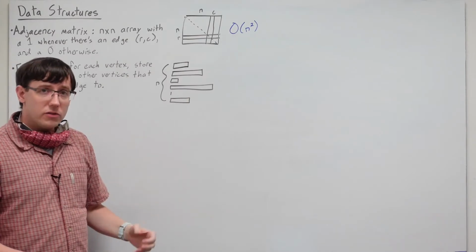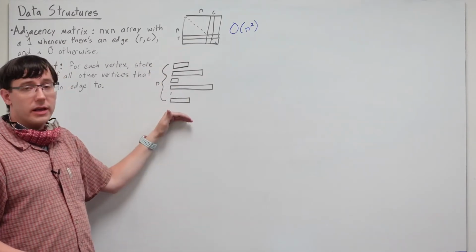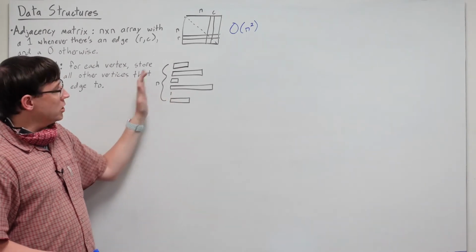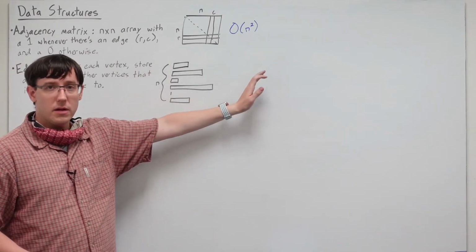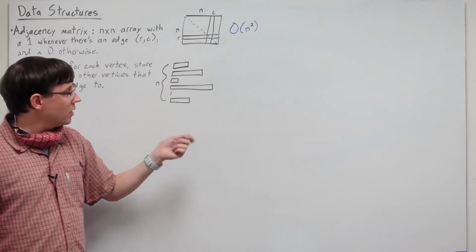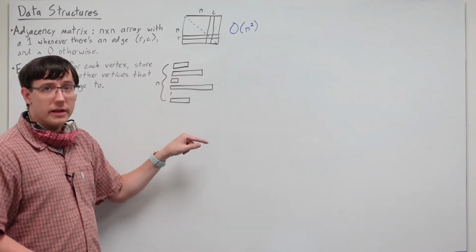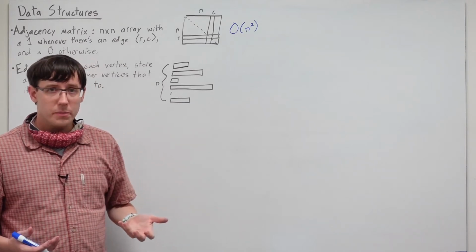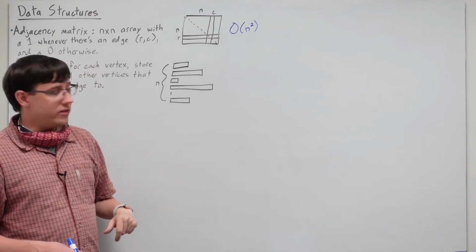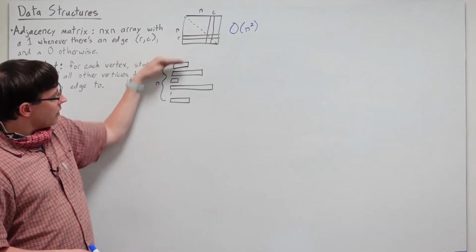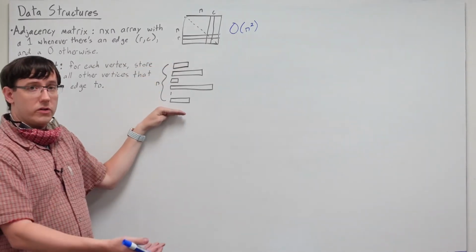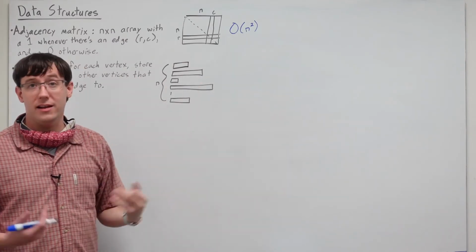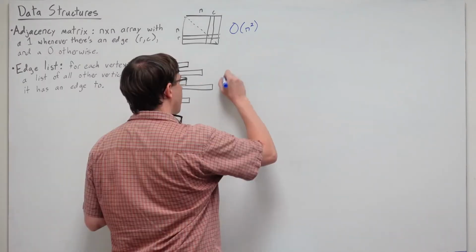For the edge list, we have n different lists, but some of those lists might be much shorter than length n, and so actually the total number of elements in all of the lists is equal to the number of edges, and so we need space equal to the number of nodes to store each list, plus the number of edges to store all of the elements in those lists.